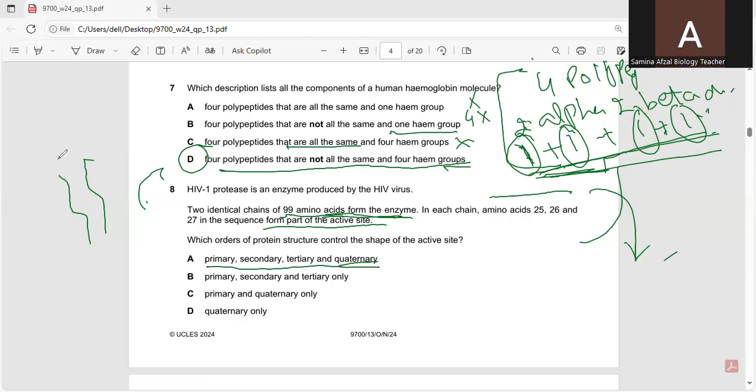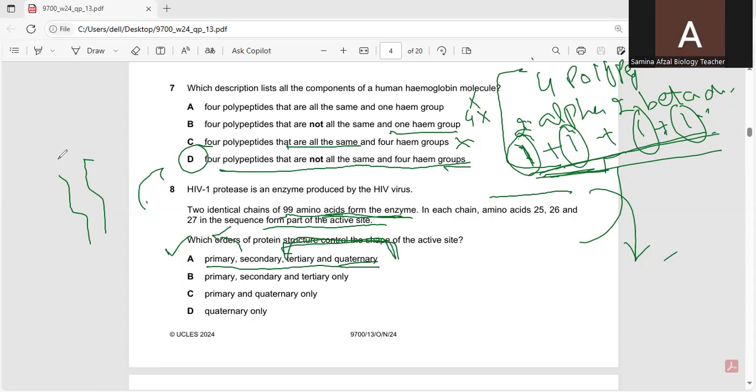Tertiary and quaternary have three-dimensional shapes. Three-dimensional shapes are proper shapes, and primary is a linear chain, and secondary consists of alpha helices and beta pleated sheets.